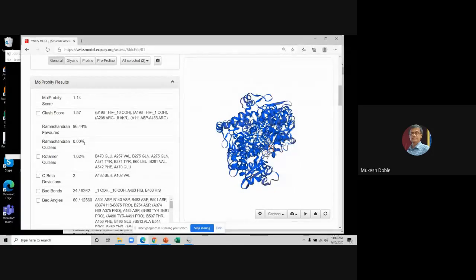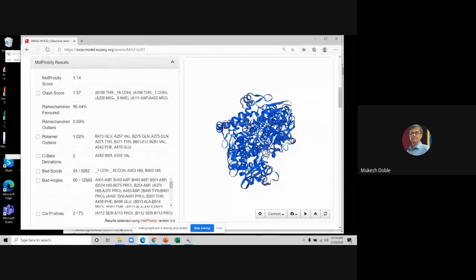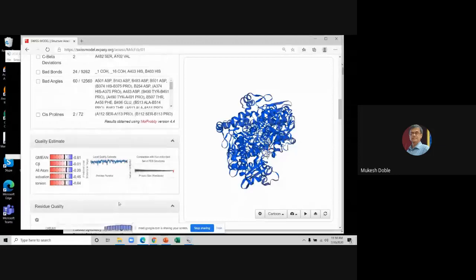Up to the second decimal, it is 0%. So that's also very good. There are some bad bonds here, bad angles also. It gives you those places. But when we do a molecular dynamics of this protein, hopefully they'll all go away. Okay, then you use that particular protein for your docking studies later. So you need to look at this. Quality check is very important.